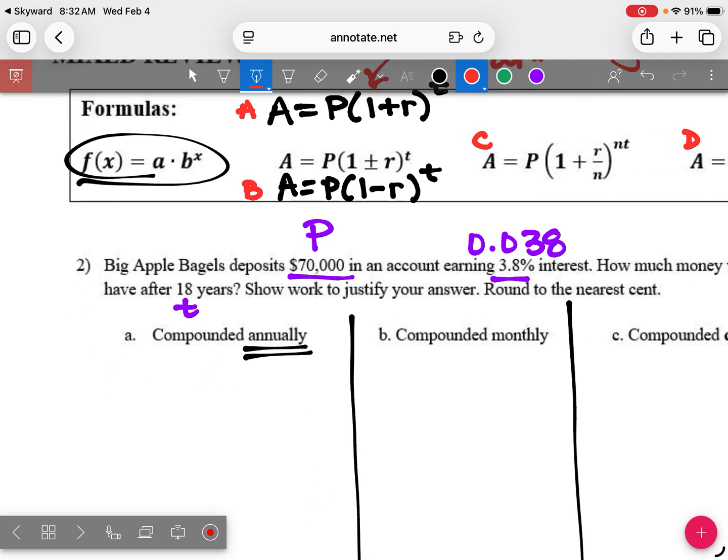So for that first one, I'm going to type in 70,000 parentheses 1 plus 0.038 to the power of 18. Type that in your calculators.